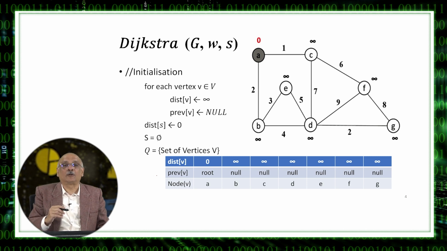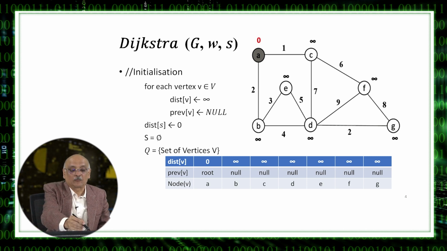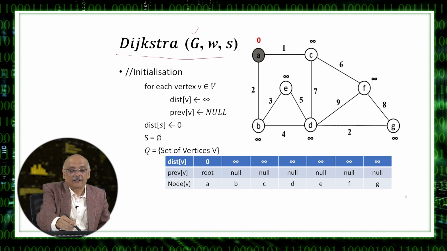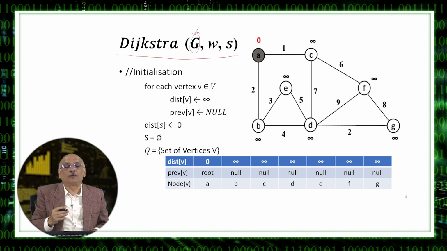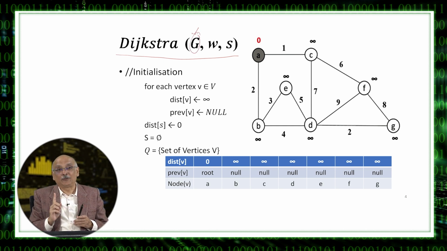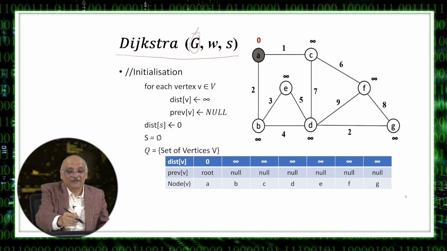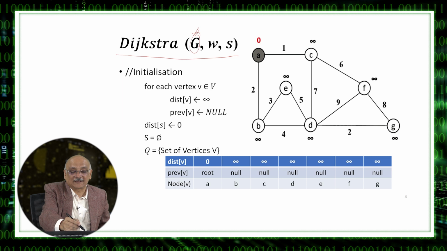Let's take and discuss that particular thing. First of all, Dijkstra's function takes 3 parameters. One is the graph itself, G. What is a graph? A set of nodes and a set of edges, which will be known by this.